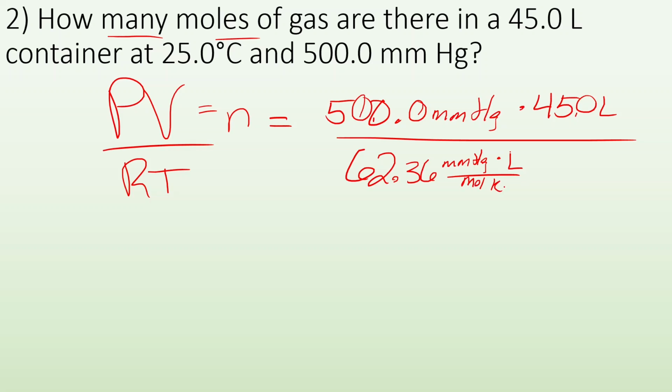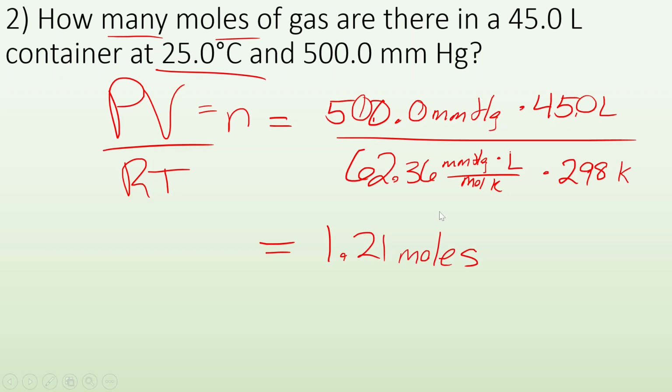Sorry, brain fart. And then times the temperature in Kelvin. Well, if it's 25 C, it's 298 Kelvin. Remember, you add 273 to your Celsius to get your Kelvin. And now I can just pick up my calculator and plug and chug, and I get 1.21 moles. That's my final answer. Cool.